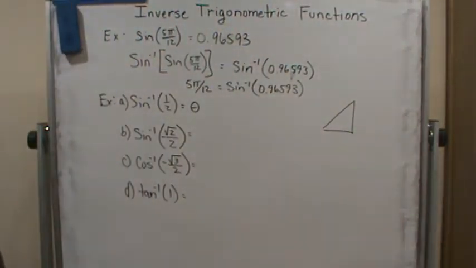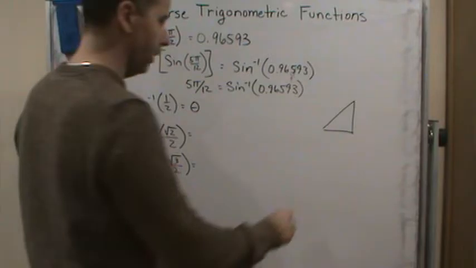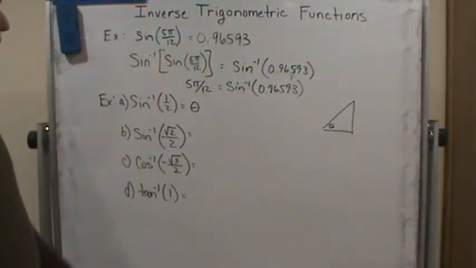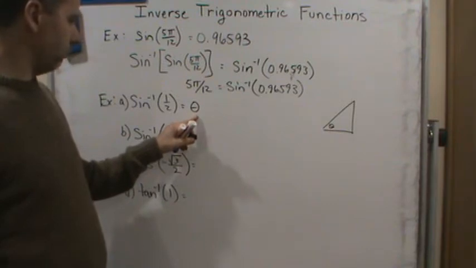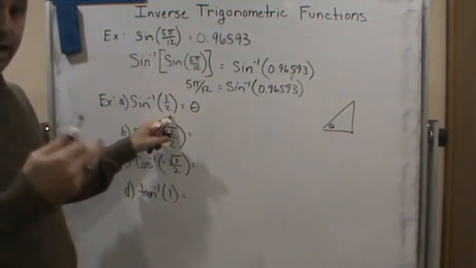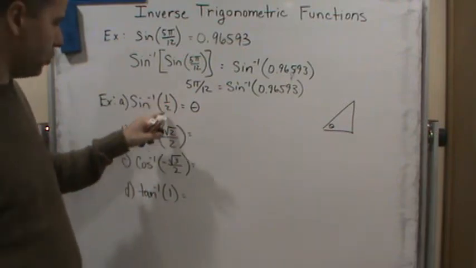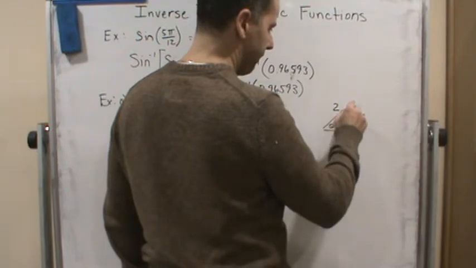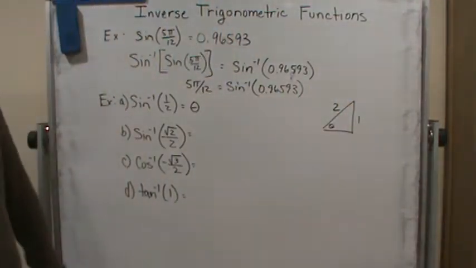And think of your right triangles, right? So I'm trying to find theta, and I want to know, what angle has a sine of 1/2? So how do I use sine? Sine means opposite over hypotenuse. If I use 1/2, that tells me the opposite side is 1 and the hypotenuse is 2.